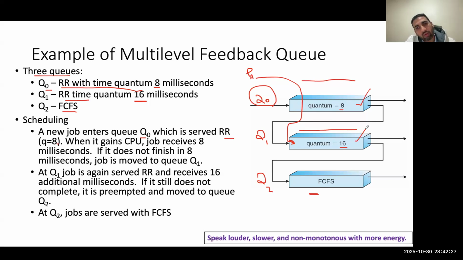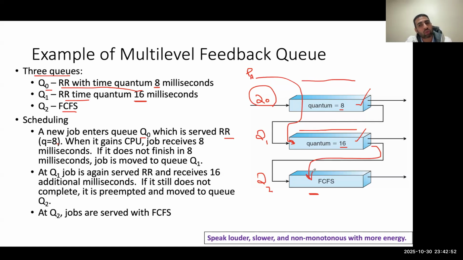But if not, it means that it is a longer process, right? So we cannot allow it to block. We cannot allow it to create the convoy effect. Remember the convoy effect from our previous lecture? So it can possibly be a longer process which is taking a longer time. So what we can do is move it to Q2.